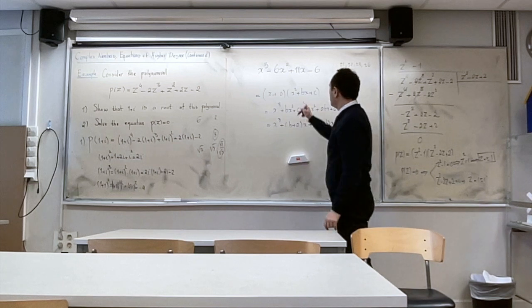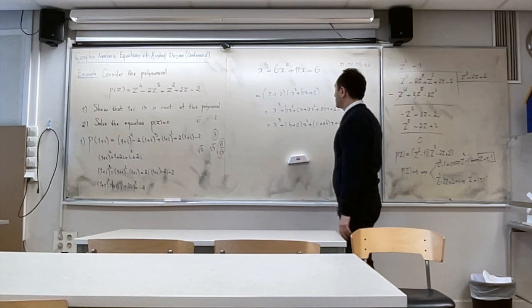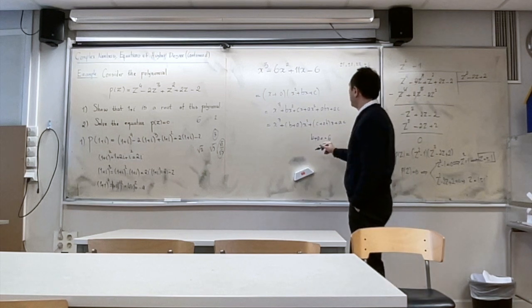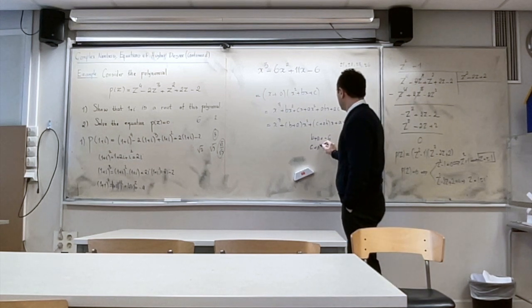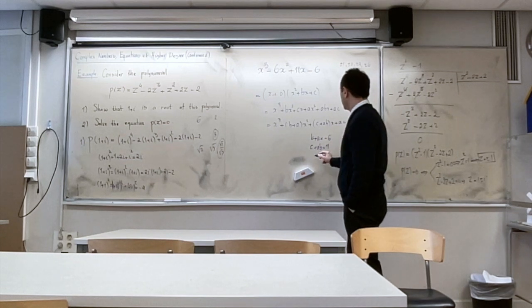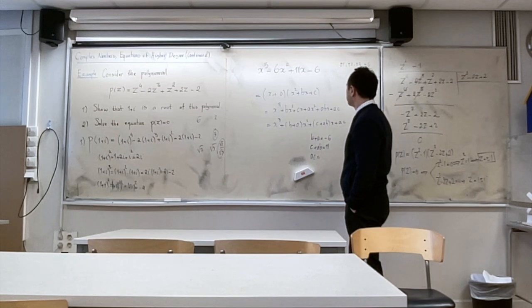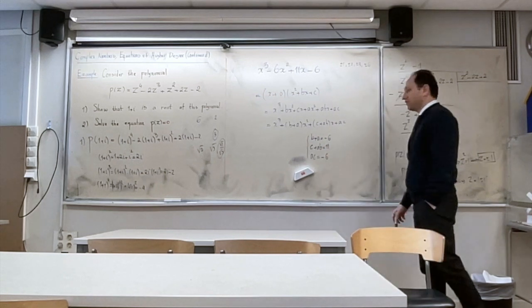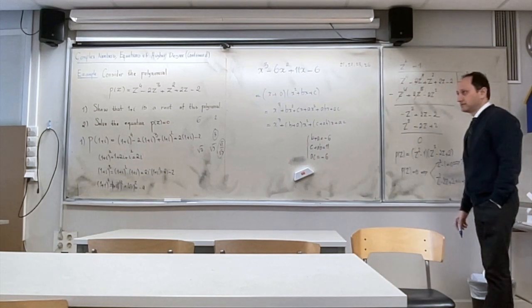But in order for this one to be this one for all choices of x, the coefficient of x squared, b plus a, should match the coefficient of x squared there. And the coefficient of x should match that coefficient, and this coefficient should also be minus 6. At least I have 3 equations in 3 unknowns.